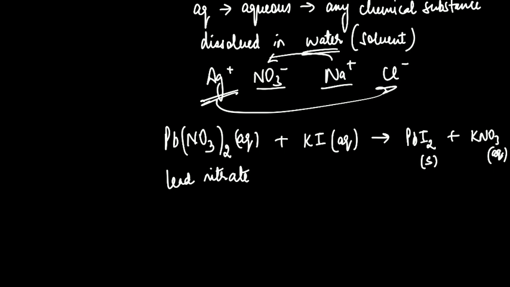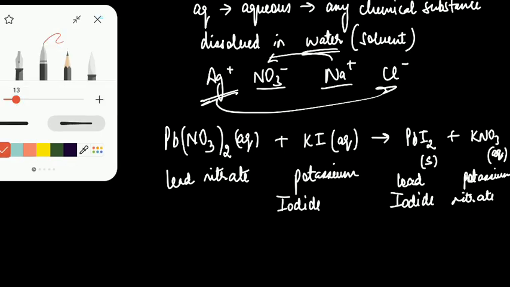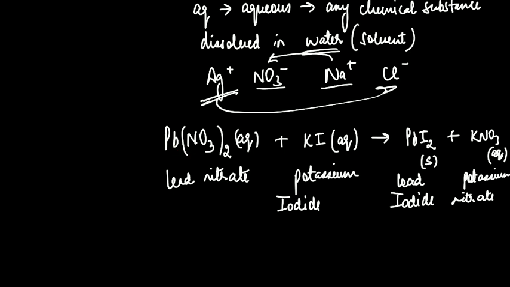So this is potassium iodide, this is lead iodide, and this is potassium nitrate. Now why PbI2? We don't have to apply maths over here.